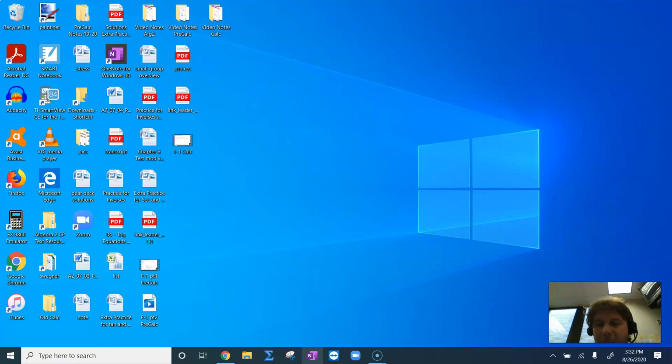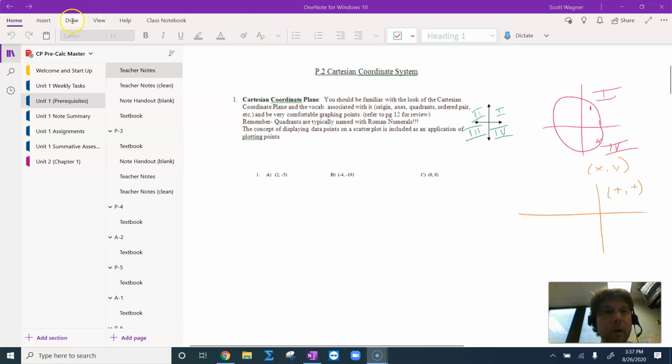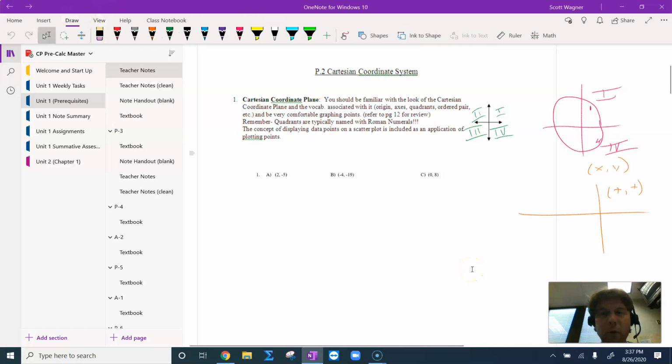I'm going to have to load this back up. I guess it closed on me. Over here in quadrant 2, X is negative and Y is positive. Down in quadrant 3, both coordinates are always negative. And in quadrant 4, X is positive, Y is negative.